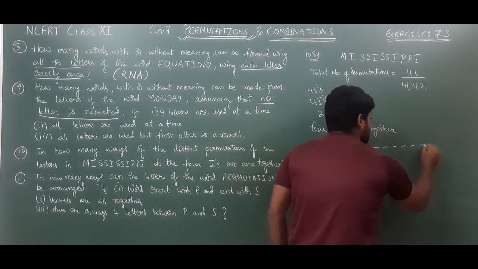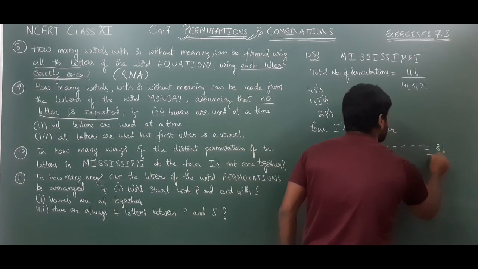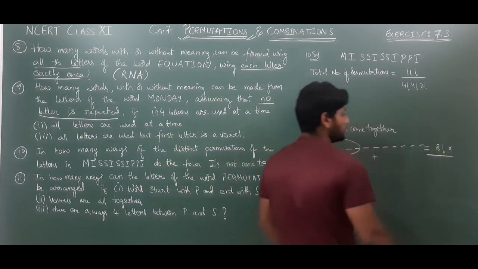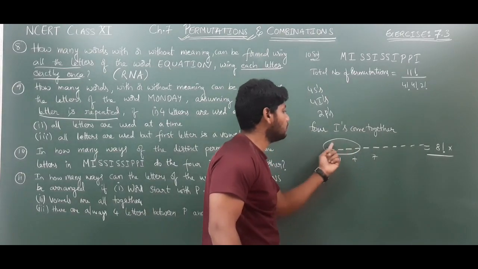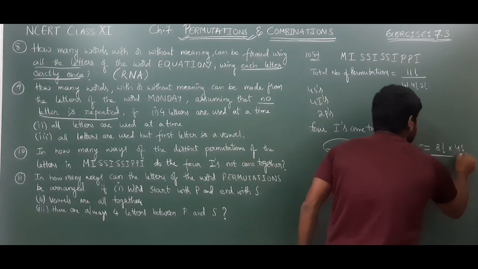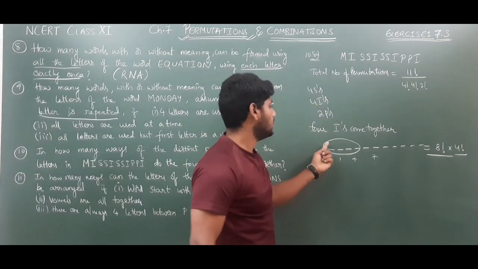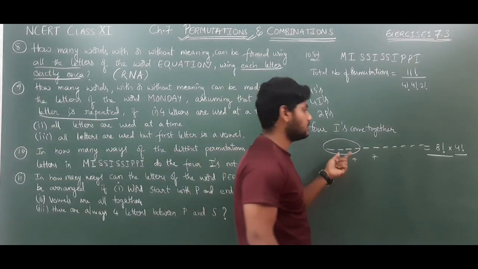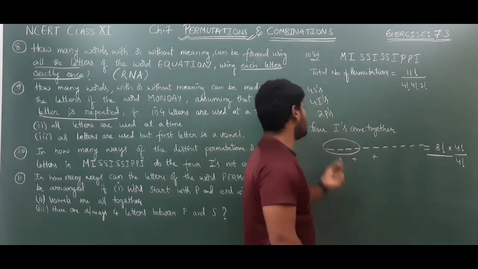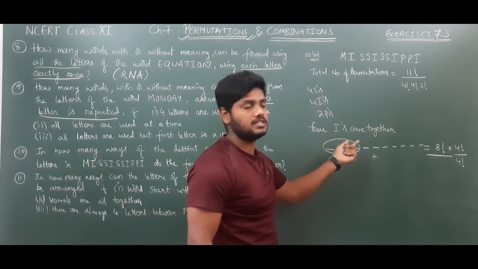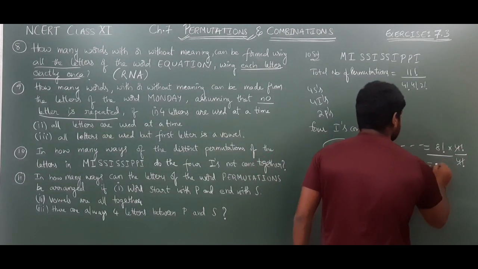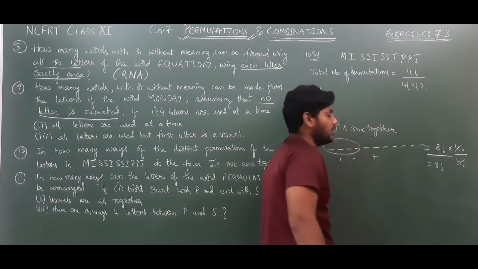So it will be 8 factorial, into 4 factorial divided by 4 factorial, because all are the same, I's only. So 4 factorial cancels.